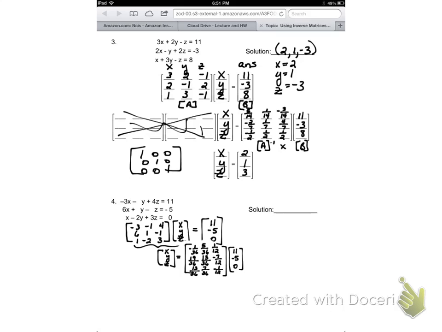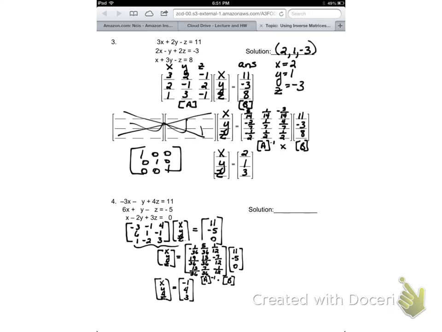Okay, so this is A inverse, times, put our answer matrix in B, multiply those two things together, and we find that X, Y, and Z is equal to negative 1, 4, and 3.